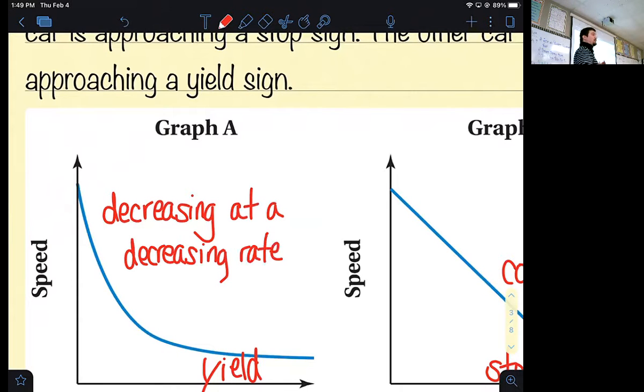Decreasing because it has a negative slope, just like the other one, but it starts off decreasing very quickly and then starts to slow. So it's decreasing at a decreasing rate. There is a graph that is decreasing at an increasing rate. There's also one that's increasing at a decreasing rate, and we'll look at those too.